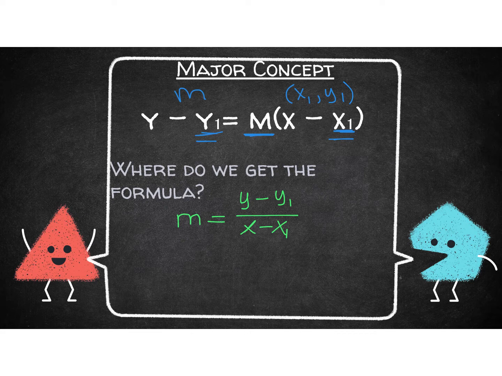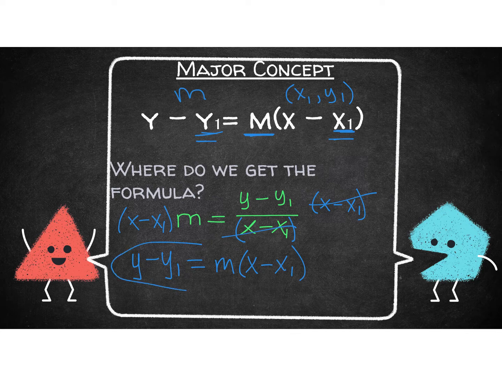If you look at what happened here, what we actually did is we multiplied x minus x1 to both sides of the equation, and we have y minus y1 equals m times the quantity x minus x1. So it just came from our slope equation. We can get everything from that slope equation.